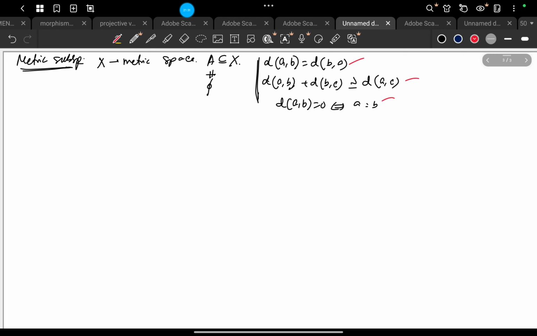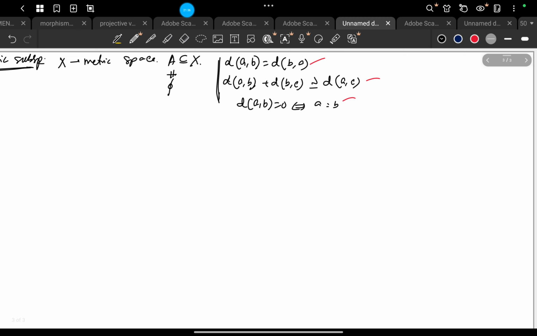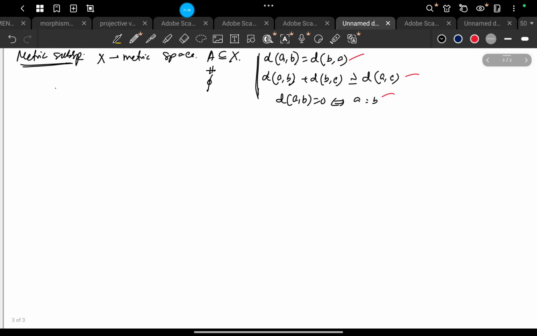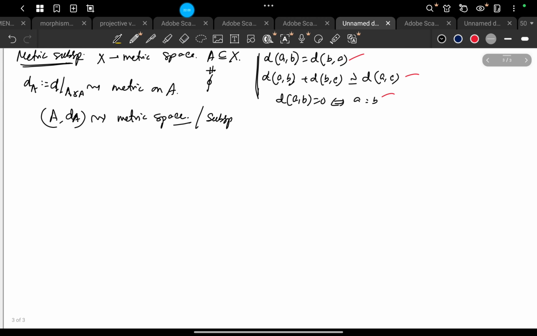So if you have any subset of this underlying set, and you restrict your d to A cross A, this is also a metric on A itself. Let us call it d_A. So (A, d_A) is a metric space. In fact, it is a subspace.